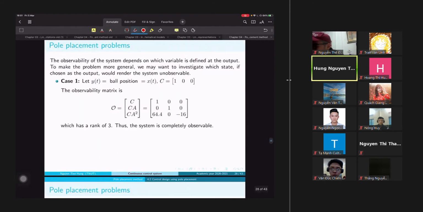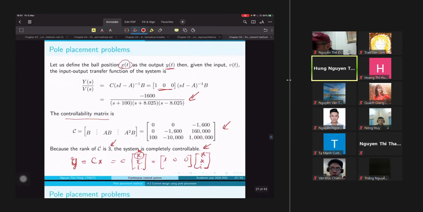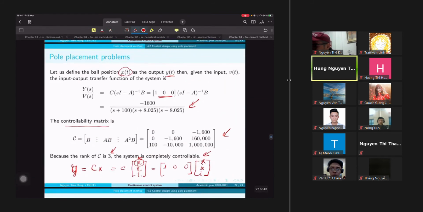But now we have to design the controller that will keep the ball at the location that we expect. This is not an output feedback problem, but a state feedback problem. For a state feedback problem, you have to measure all states.